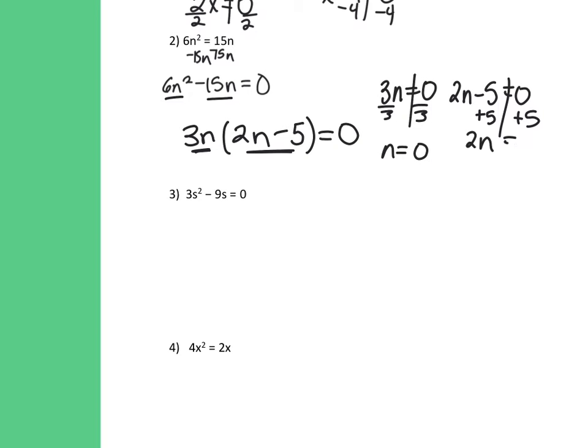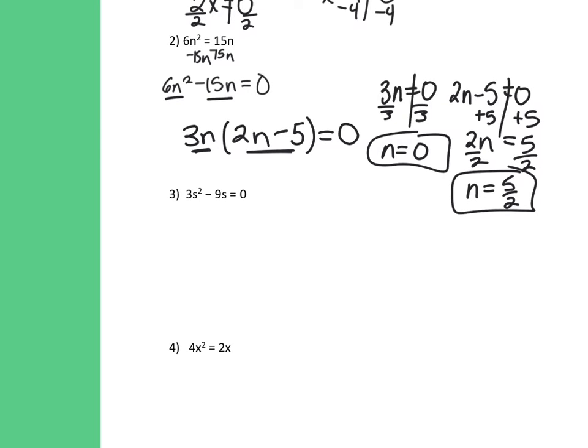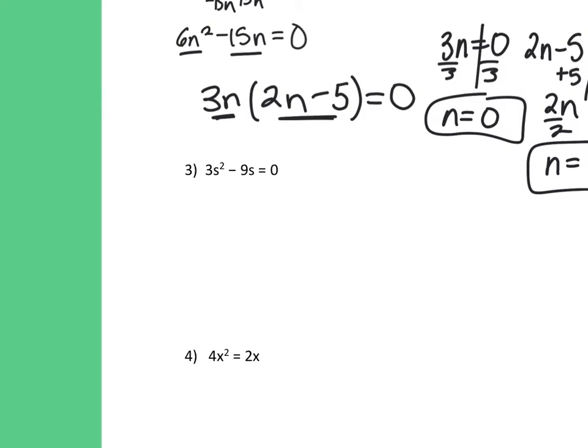To get 2n equals 5. And then we would divide by 2, so what is 5 divided by 2? 5 over 2. 5 over 2 or 2.5, whichever one you put, I will take. Cool. Alright. Questions?